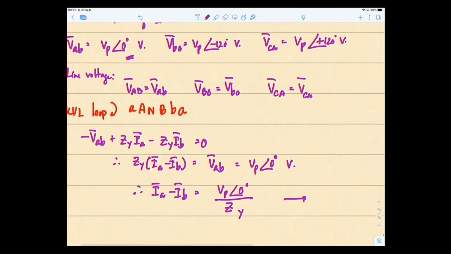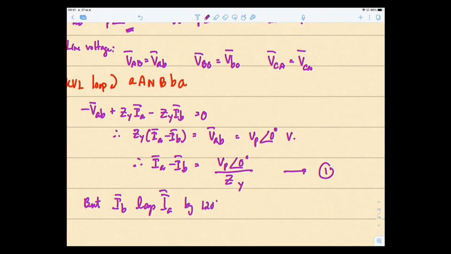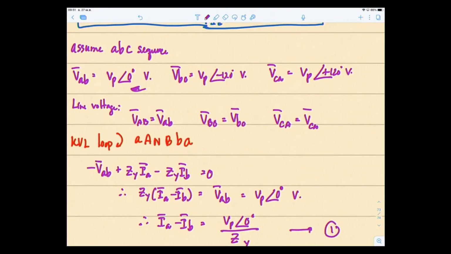Let's call this equation number 1. We have the expression for the difference between line current of A and B. But we know that IB would lag behind IA by 120 degrees because we have the positive sequence.